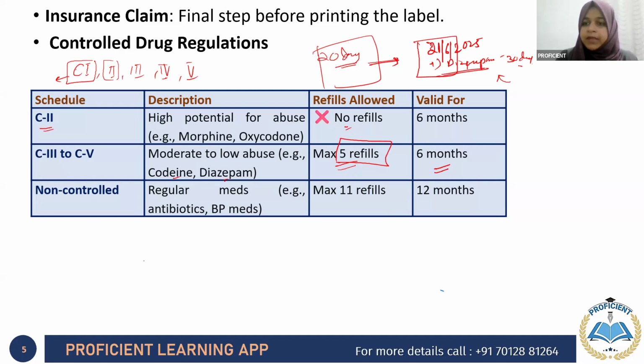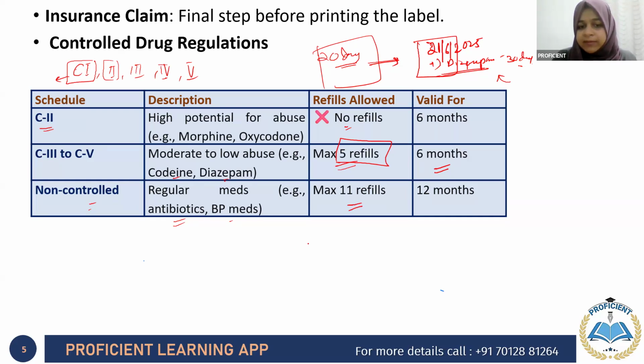Clear? Now for non-controlled drugs, like your normal BP medications and antibiotics. Antibiotics you don't take chronically, but BP medications you do. For diabetic patients, they will have oral hypoglycemic agents and all. Such prescriptions can have a maximum refill of 11 times, meaning up to 1 year it will be valid.